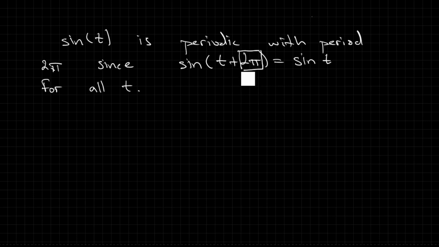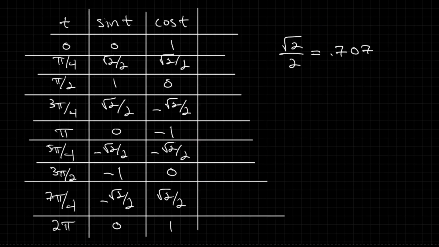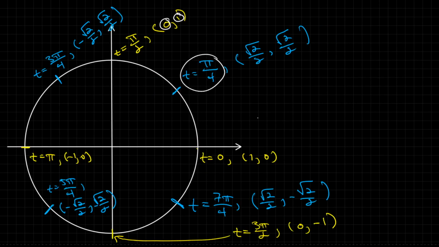What's extremely important is that you understand that sine of t plus 2 pi is the same thing as sine of t for every t. And it's fairly easy to understand the reasoning. If you go back to this unit circle and you pick any point on the unit circle, then this here is some angle t, and it has a terminal point, x comma y.